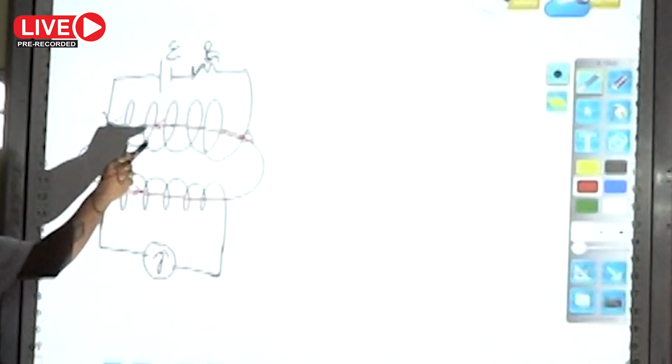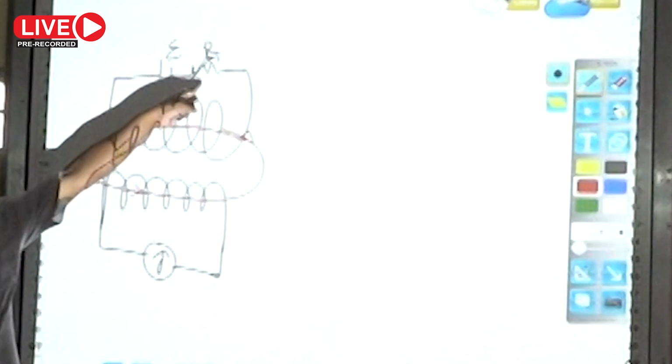Not only that, the flux of the second circuit will also change, because this magnetic field is B equal to mu naught n I, and some field lines are passing through this second circuit.